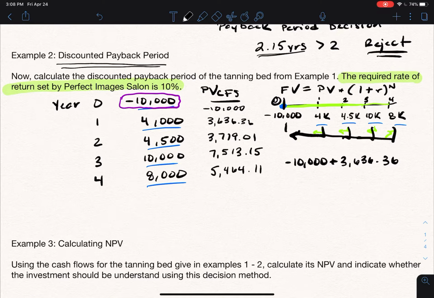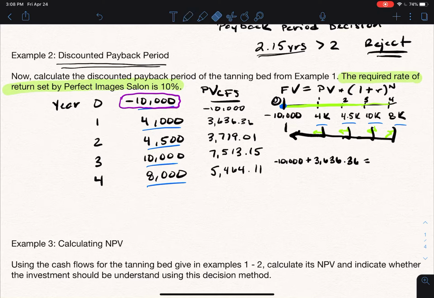$3,636.36. Okay? Actually, I don't like how this is working out. I'm going to rewrite that so it fits. So 10. There we go. That's better. All right.